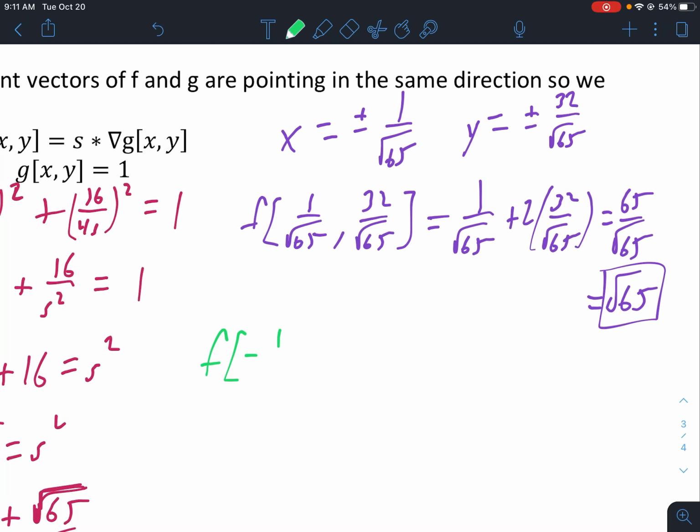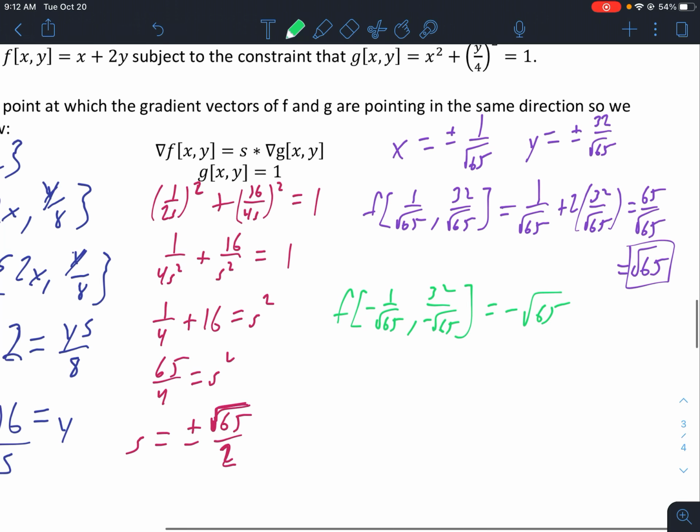And then if we were to put this other point in, I'm not going to go through all the work of that. Again, you get the same answer, but negative, so it would be negative root 65. The question says we're trying to maximize it. Our two possible values are root 65 or negative root 65.